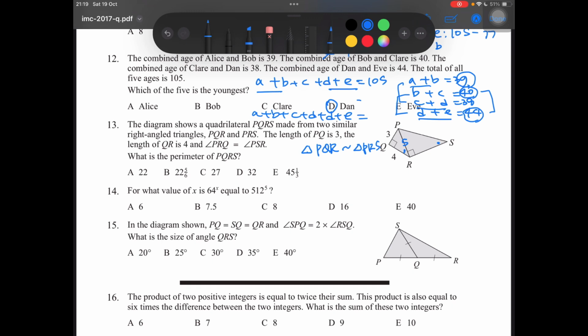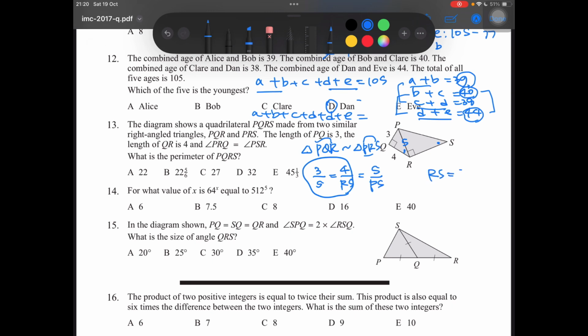So PQ over PR is QR over RS, and PR over PS. Now we can calculate from here.